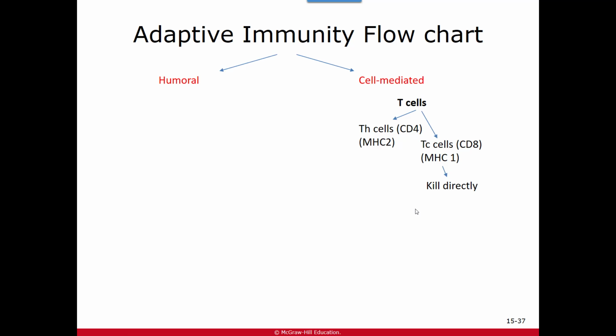My big thing is T cells in the cell-mediated branch are looking for intracellular pathogens. So things that are hiding out inside of our cells, which means they're harder to see. But T cells have figured out a way around that, because they are looking for things attached to MHC1 or MHC2 antigens.